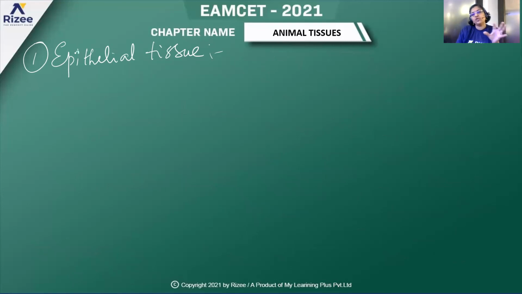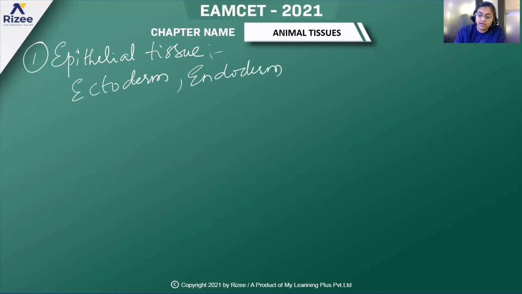Where is this tissue formed, or where does its origin lie? This is basically from the embryonic ectoderm, as well as the inner endoderm layer, as well as the mesoderm of the embryonic layer. This is the main origin of epithelial tissue.